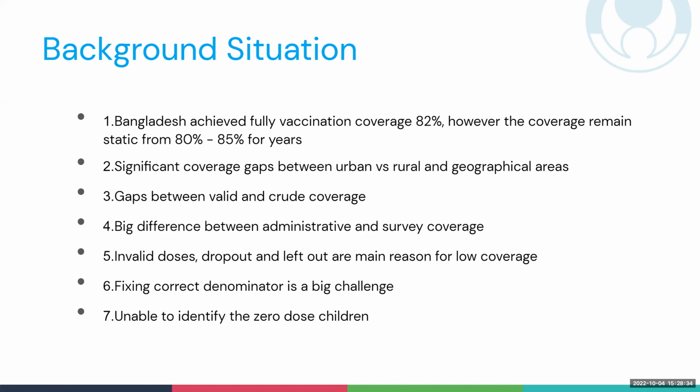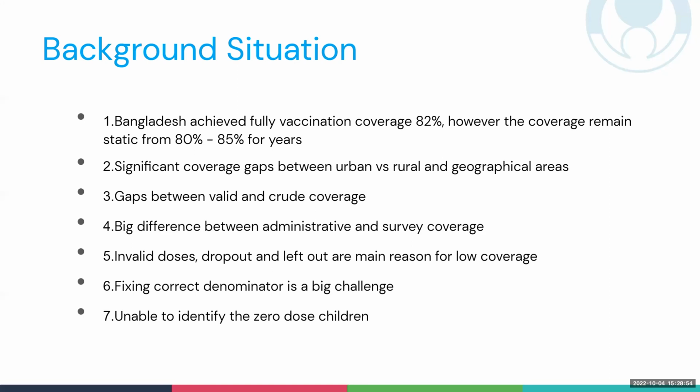There are also gaps between valid and crude coverage, and a big difference between the administrative coverage and the coverage evaluation survey coverage. Invalid doses, dropout and left out are the main reasons for the low coverage we see.